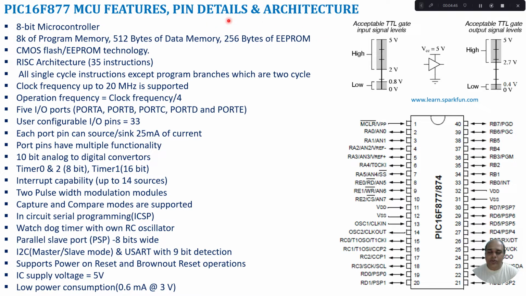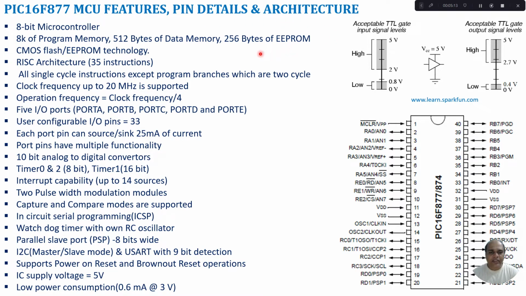We can also store these constants in the program memory, but the problem is that the number of instructions I can accommodate in the program memory will be less, so we cannot get complex functionality for a particular application. So it is always better to put the constants in the EEPROM memory.